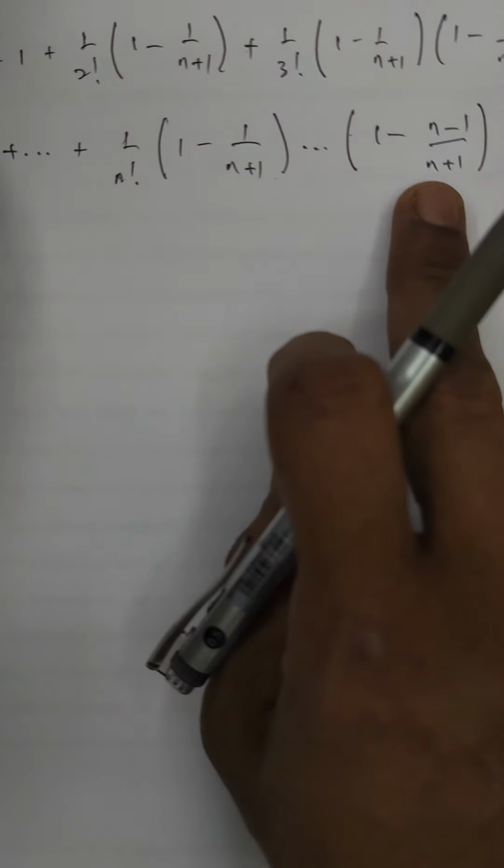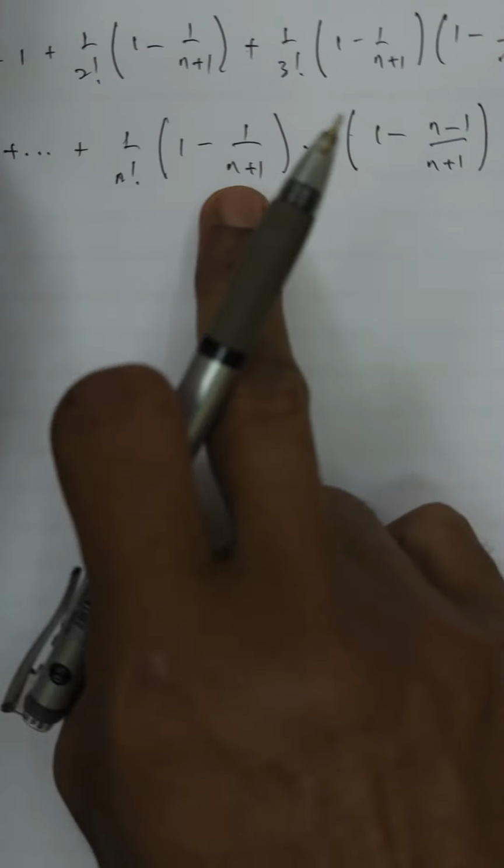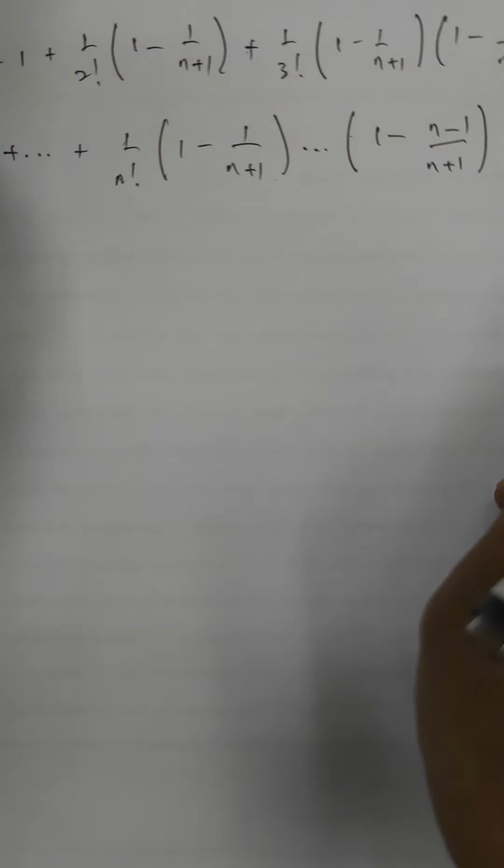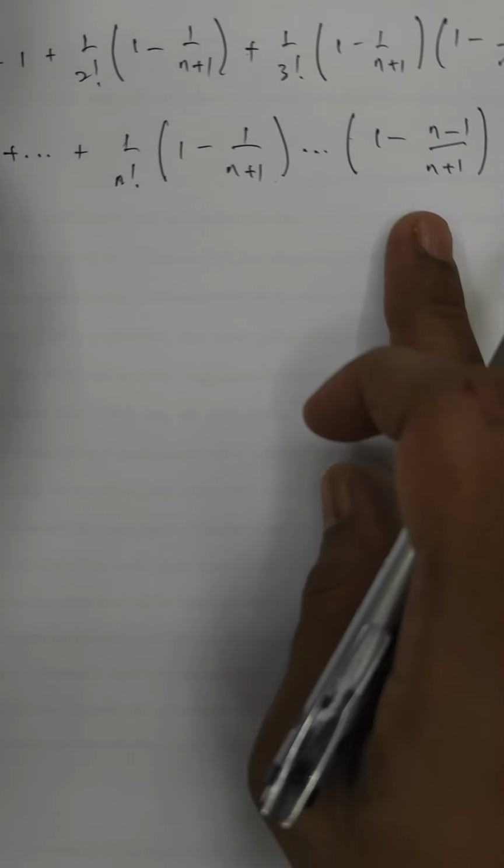So this is up to n terms. I can add one more term so that we have up to n plus 1 terms, which means your right hand side should be bigger than your left hand side.